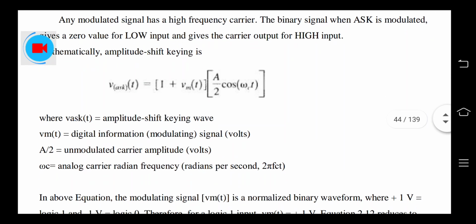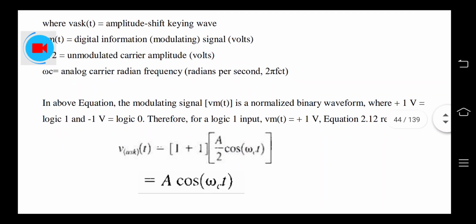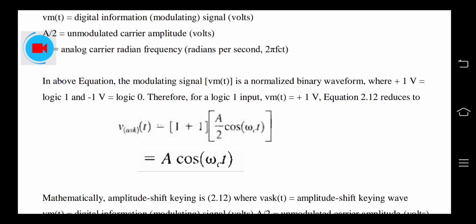This is the mathematical representation of amplitude shift keying, with the digital information signal, the unmodulated carrier amplitude, and the analog carrier radio frequency in cycles per second. In the above equation, the modulated signal is a normalized binary waveform, at plus or minus 1 volt, representing which data is transmitted at which time.